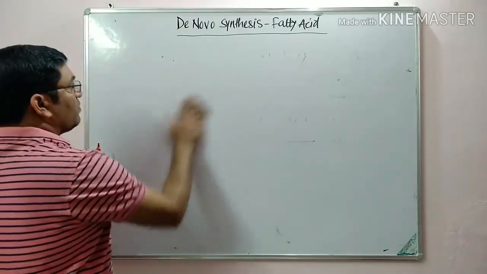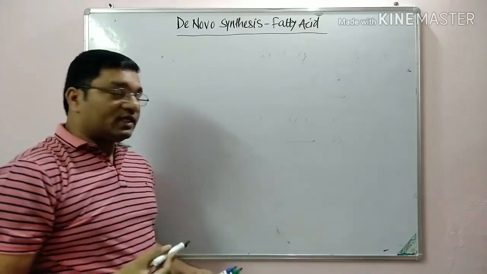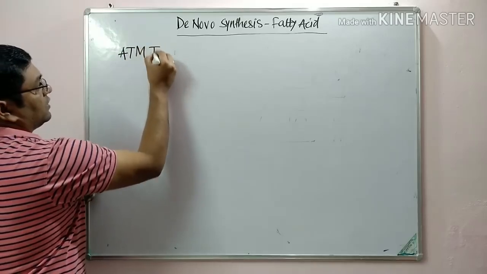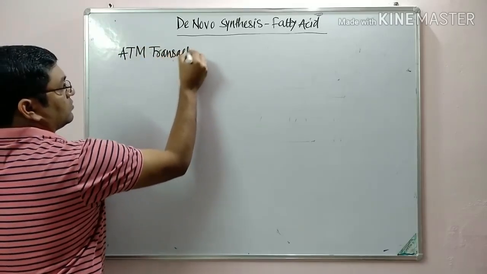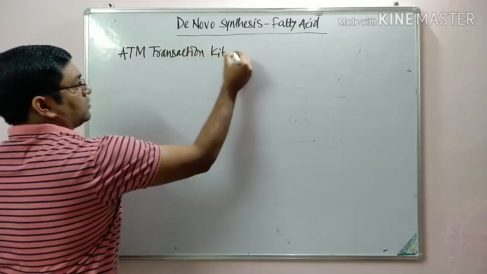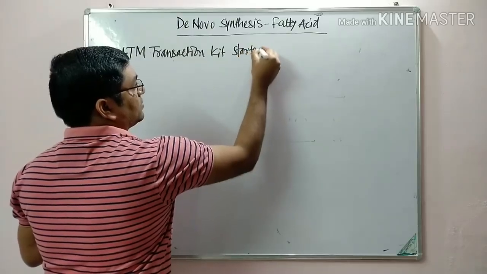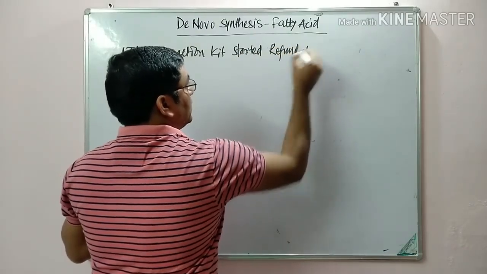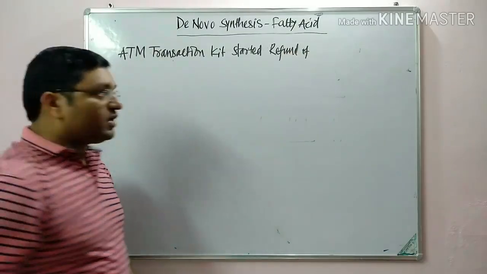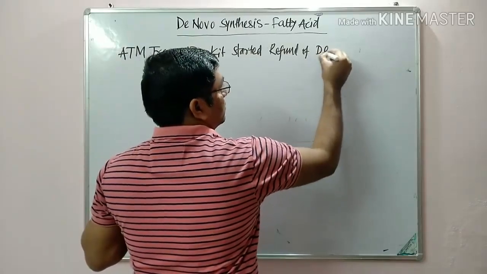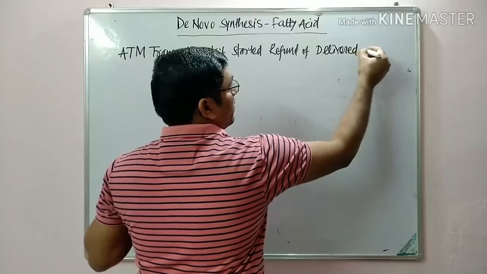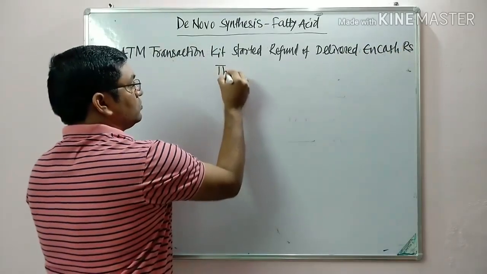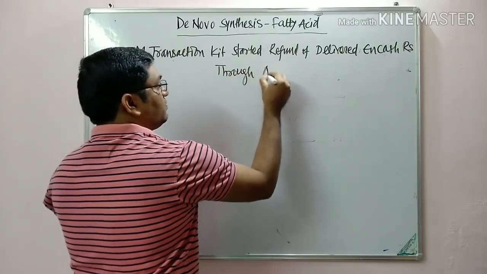For remembering the pathway, you can remember this mnemonic: ATM transaction kit started refund of delivered in cash rupees through ACP.